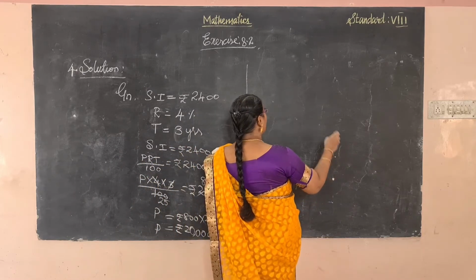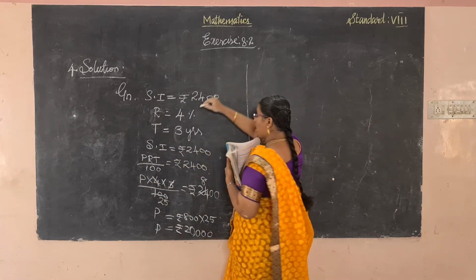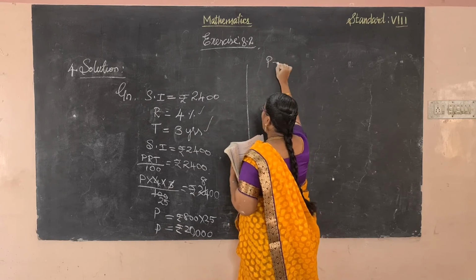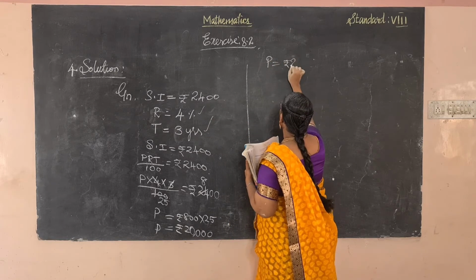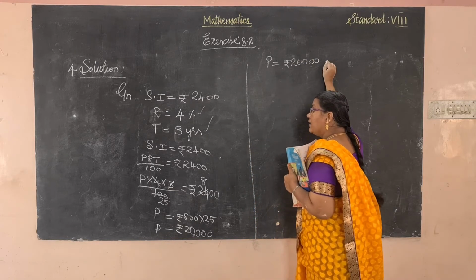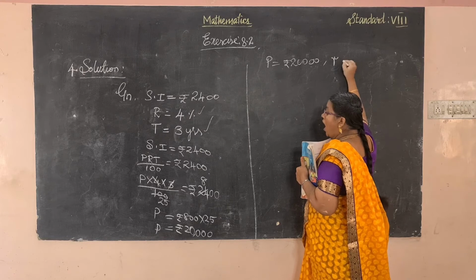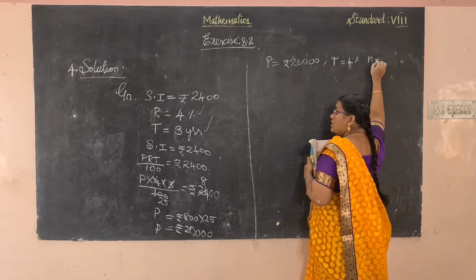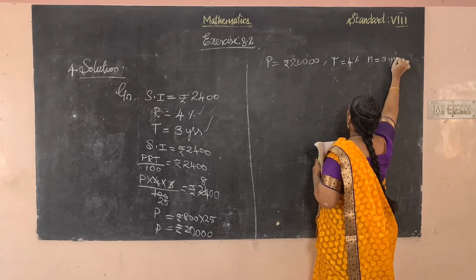Now calculate the compound interest for the same rate of interest and time. So the principal amount is rupees 20,000, and the rate of interest r is equal to 4%. The number of years is equal to 3 years.